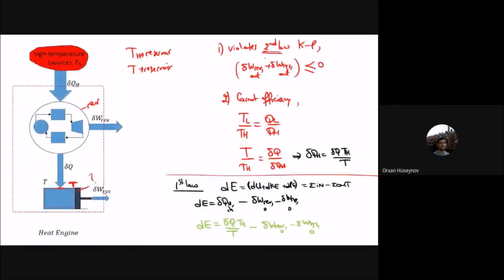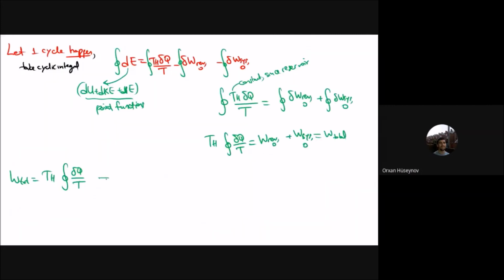What does the Carnot efficiency, the Kelvin Planck statement says? This one cannot be positive. It is either 0 or less than 0. So this quantity TH, therefore del Q by T is either 0 or less than 0. Okay, and since by Kelvin Planck statement that work total out cannot be positive, it can be 0 or less than 0.